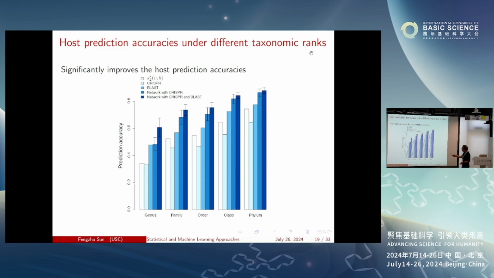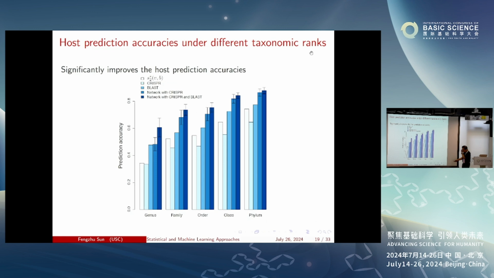And if we use only the network information, and so on. Essentially, you can see here this is at the genus level, and this is the family level, so at different levels.